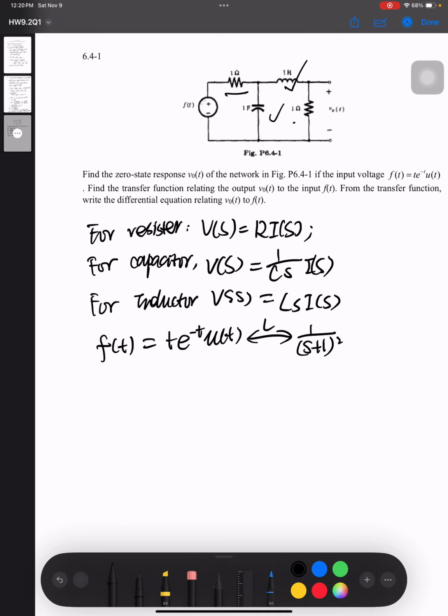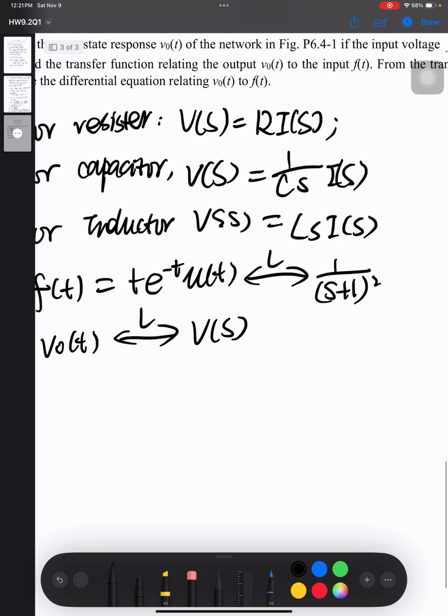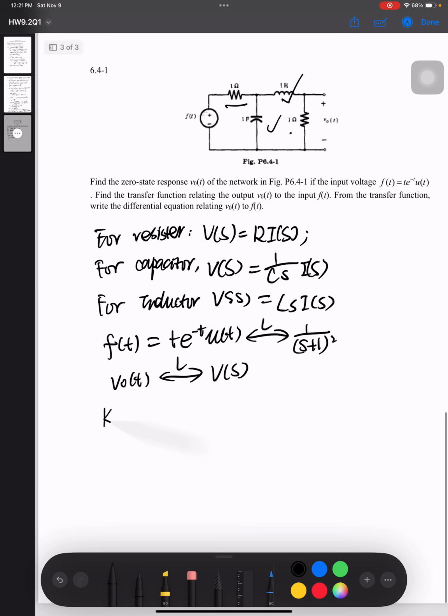And of course, for v0(t), the Laplace transform is V(s). So we can use Kirchhoff's law.